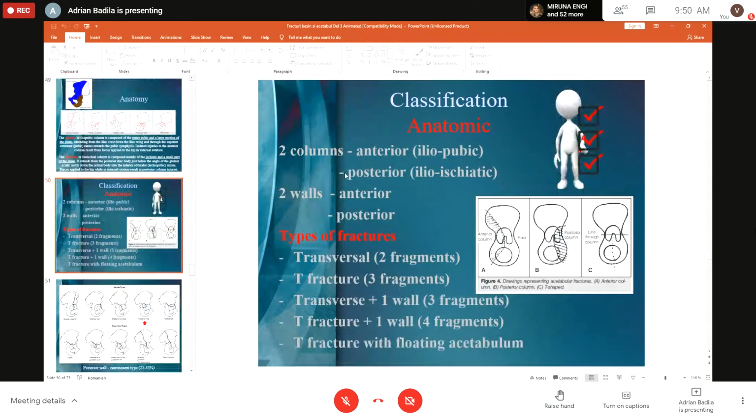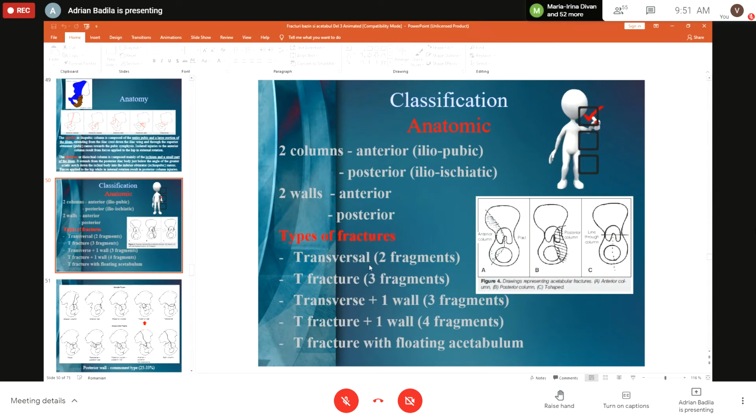The anatomical classification of the fracture of the acetabulum is based on the two columns and the two walls of the acetabulum. We have the anterior and posterior column and the anterior and posterior walls of the acetabulum. We can have a number of types of fracture.